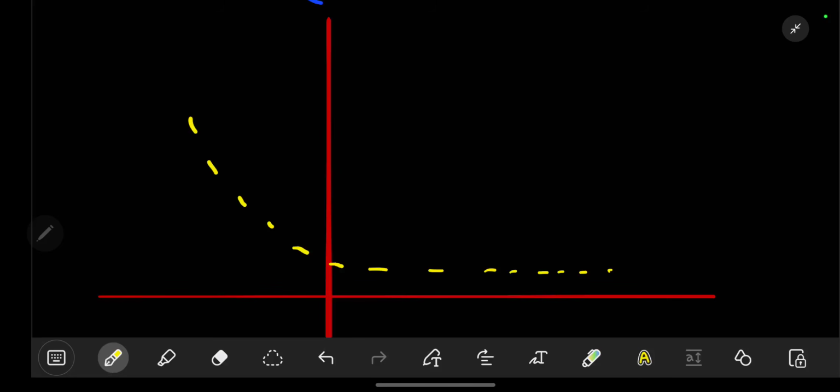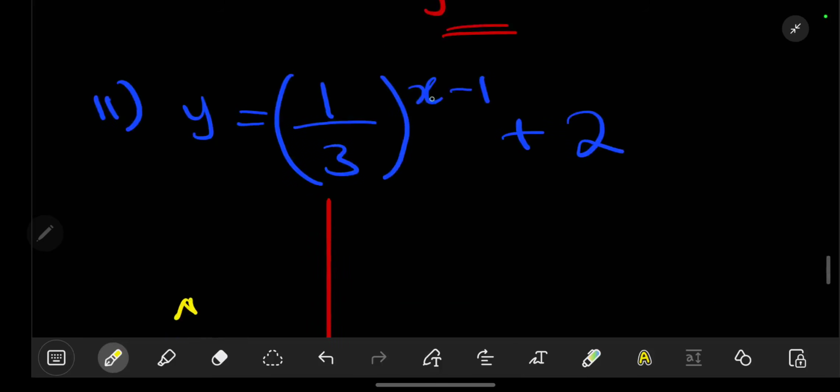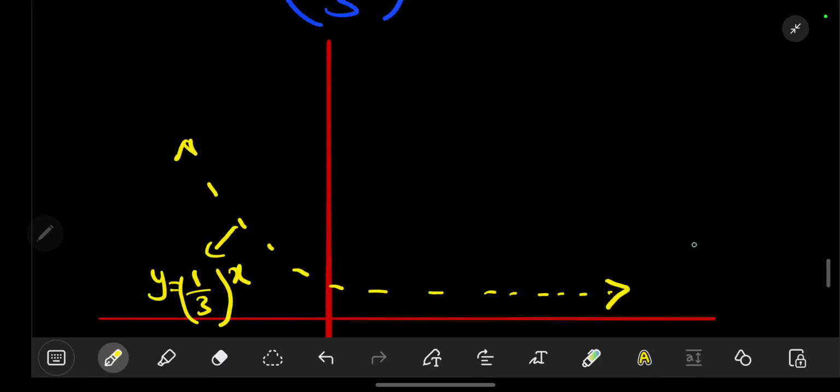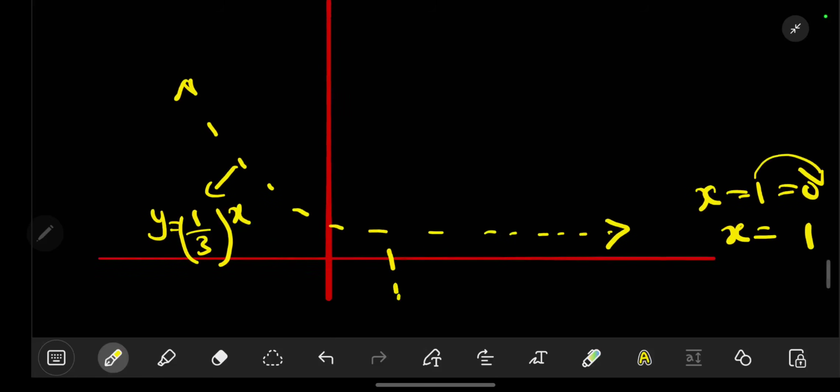This will form our y equals 1 over 3 to the power of x, and it's not crossing there. For the second part, if we subtract 1, x minus 1 equals 0, so x equals 1. We are going to move 1.